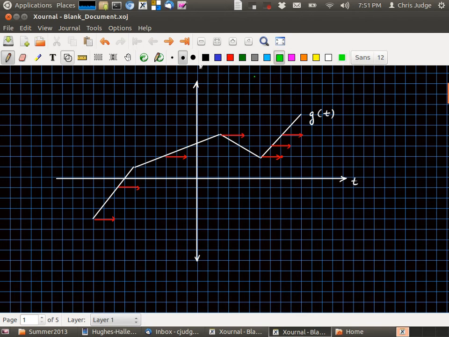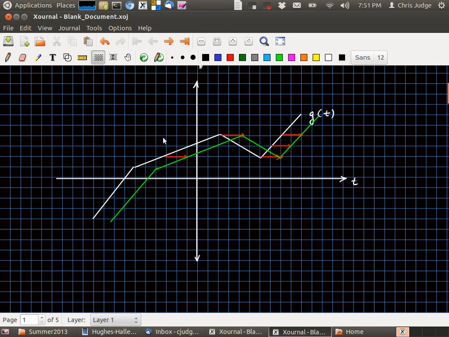Okay, the new graph is going to look something like, so I just join the points of the arrows. There's the new function. Now, how do I relate the function whose graph is given by the green curve with the original function whose graph is given by the white?